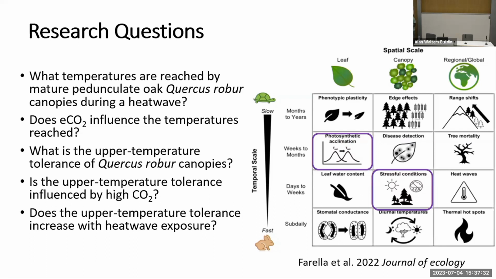Going further into leaf tolerance, I also looked at the upper temperature tolerance of Quercus robur leaves, whether the increase in carbon dioxide is affecting the thermal tolerance of the leaves at the site, and whether that tolerance is affected by heat wave exposure.